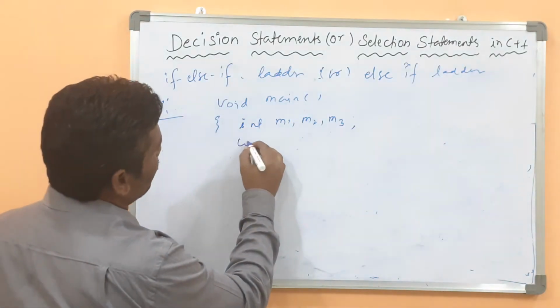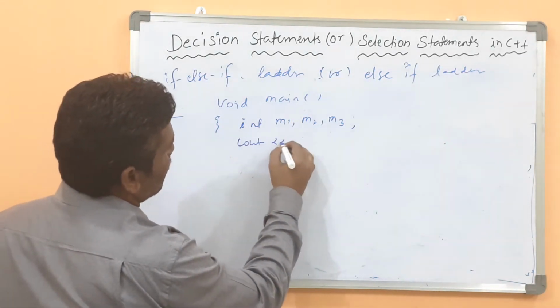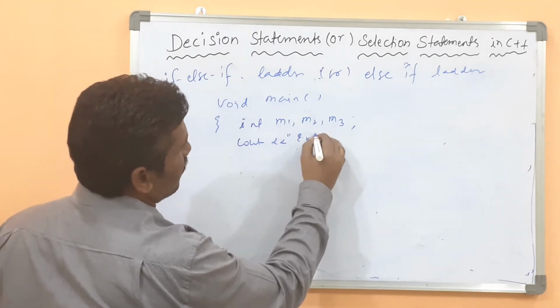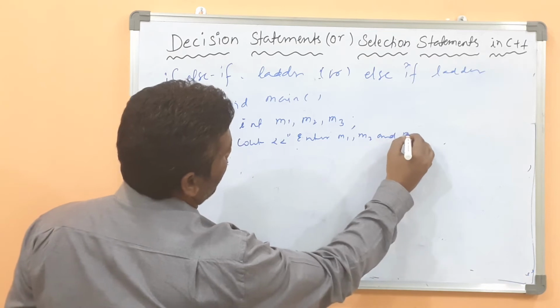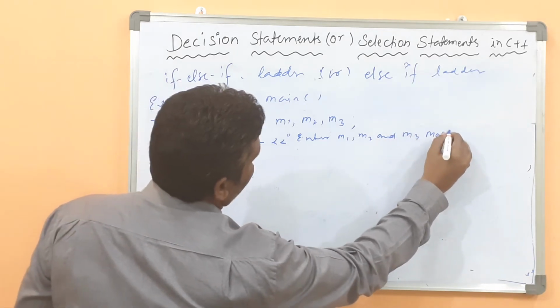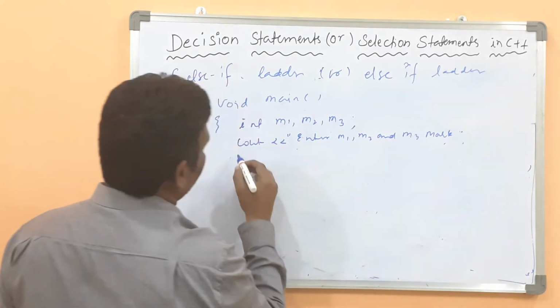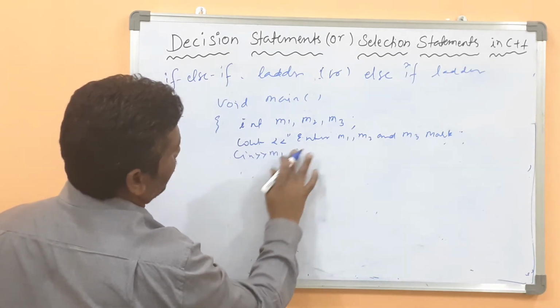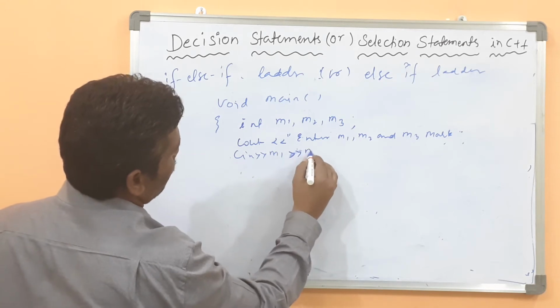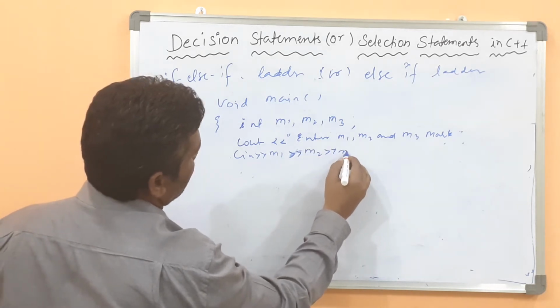Then cout: enter m1, m2 and m3 marks. Then cin m1, m2, m3.